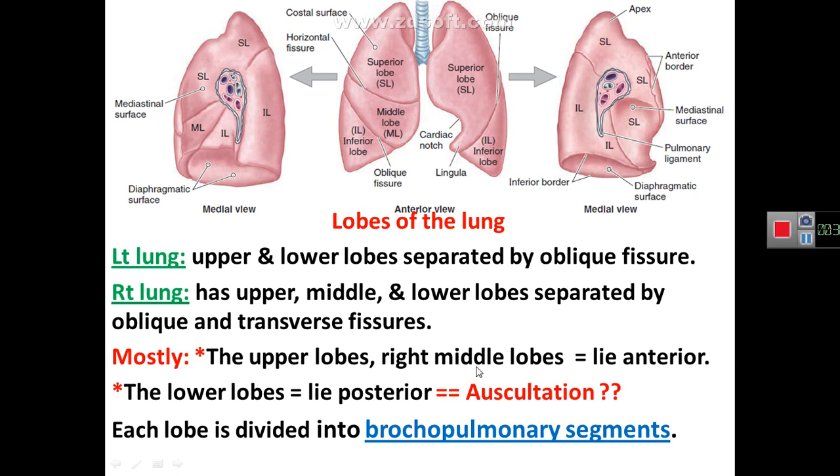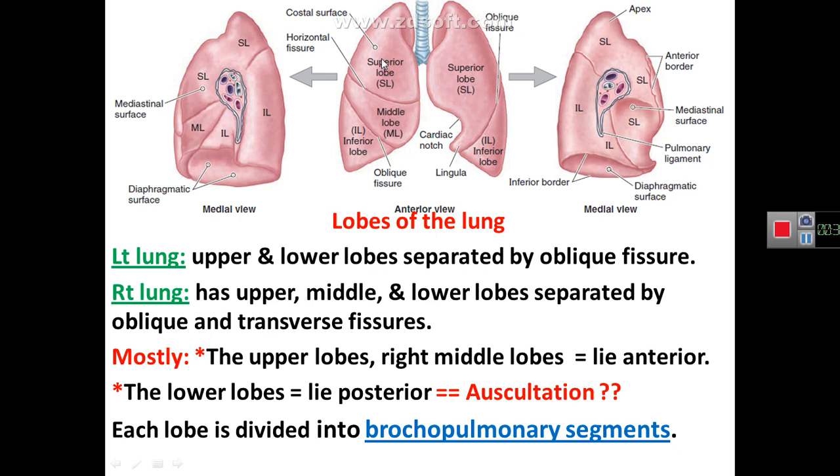During chest examination with a stethoscope, which is called auscultation, if there are abnormal sounds of breathing anteriorly on the left, you will say that there is a disease in the upper lobe of the left lung.